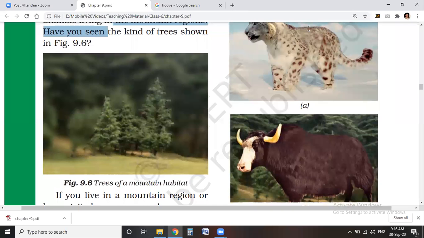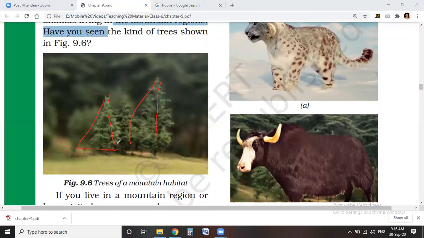If we discuss, they have a shape like a cone. Why? Because when there is snow or heavy rainfall, it easily slides off from the plants, and they do not peel off their leaves. So this feature protects them from snowfall or heavy rainfall.